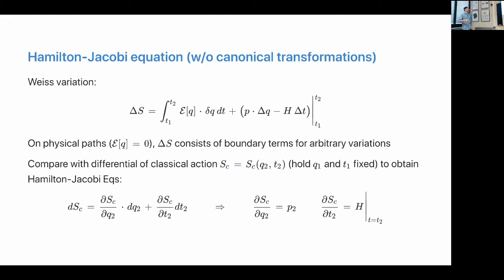To simplify things, I just hold the initial Q and T fixed. When you do that comparison, you can identify the momentum equation and the usual Hamilton-Jacobi equation. So it just falls right out. And notice that here you don't even need to invoke canonical transformations. You just get it directly from the action. So that's a very neat result.